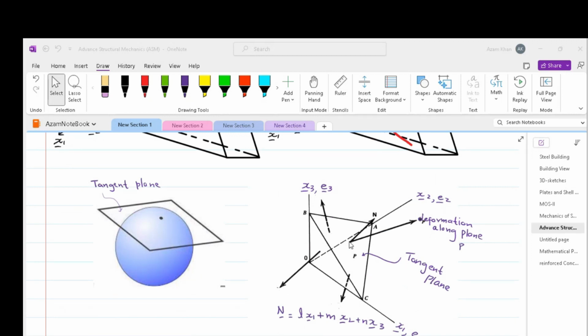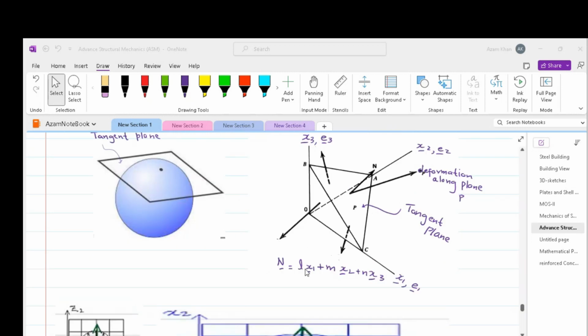In this prism, we have the outward drawn normal of the plane ABC, whose deformation we are interested in. The unit normal vector to plane P is equal to l x1 vector plus m x2 vector plus n x3 vector, where l, m, and n are the direction cosines, and x1, x2, x3 are the unit vectors corresponding to our 3D vector space.